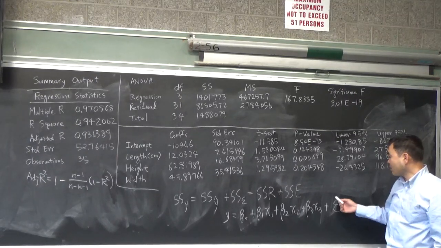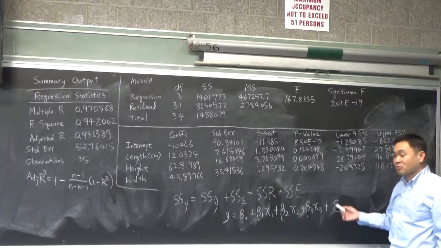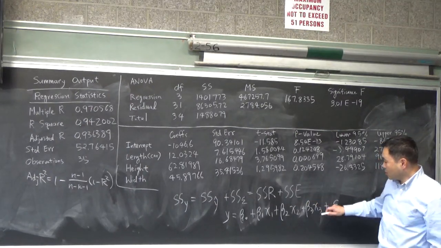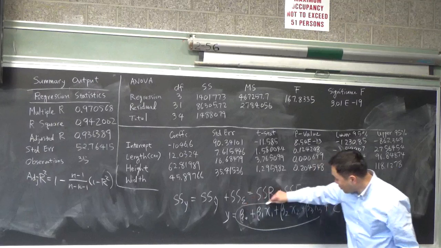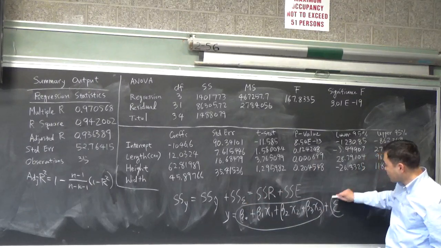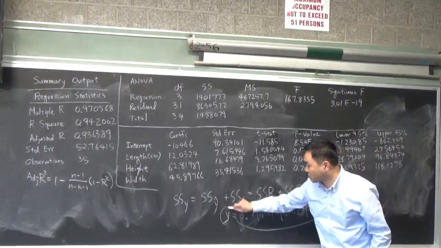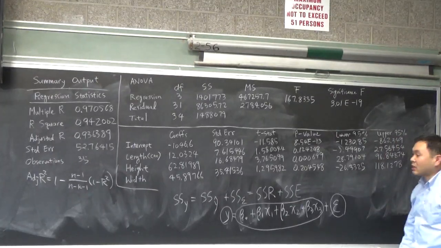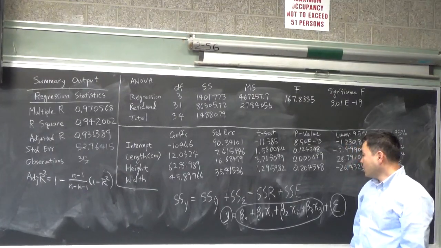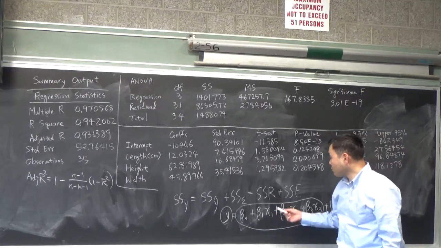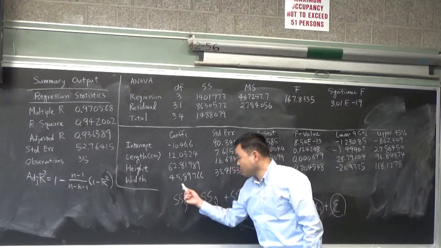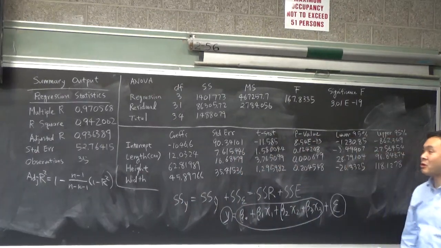And we're assuming that this error has an average of 0. If you assume that, then the sum of squares of this part plus the sum of squares of this part would equal the sum of squares of this part. That was something that I proved last time. And the proportion of how much SSR takes in the sum of squares of y is what we call the R squared.